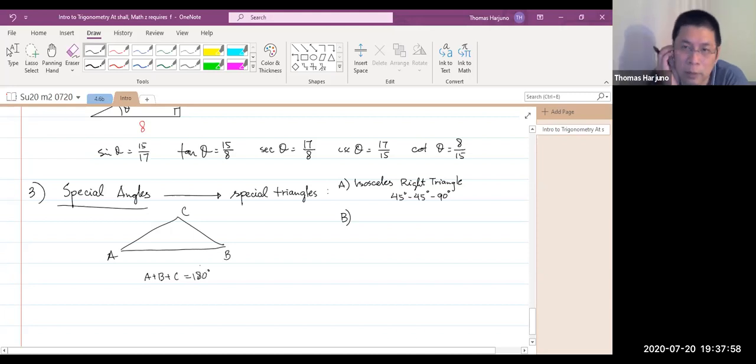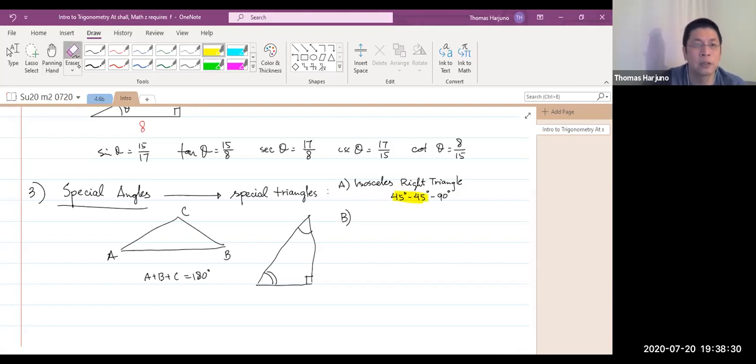Now if you have a right triangle, then one of the angles is 90 degrees. That's by definition, as you can see again when you read 5.1 later on. So if this is 90 degrees, then the other two must add up to 90.